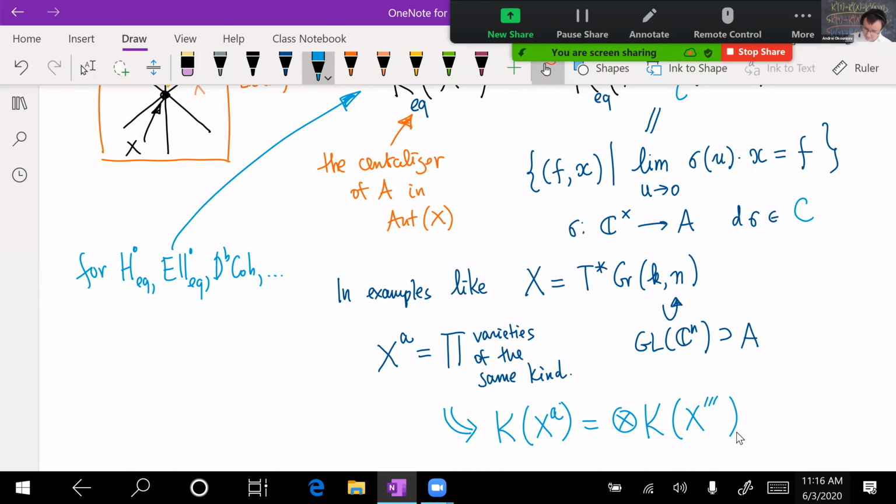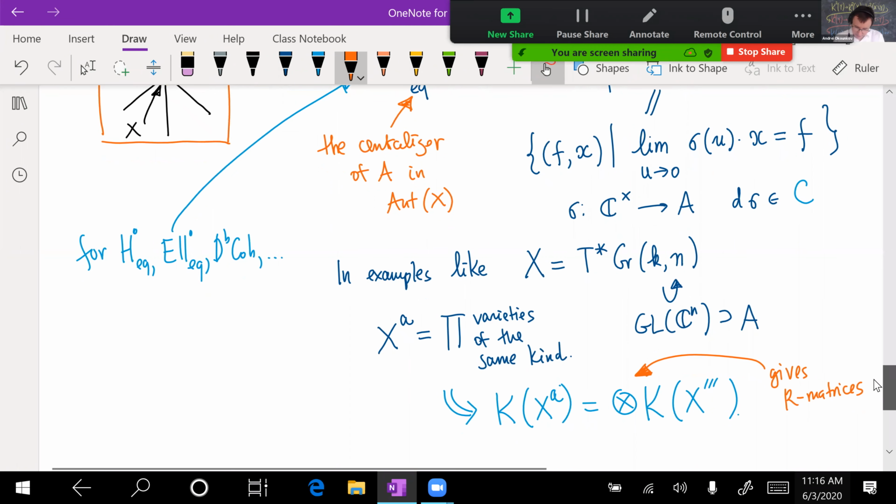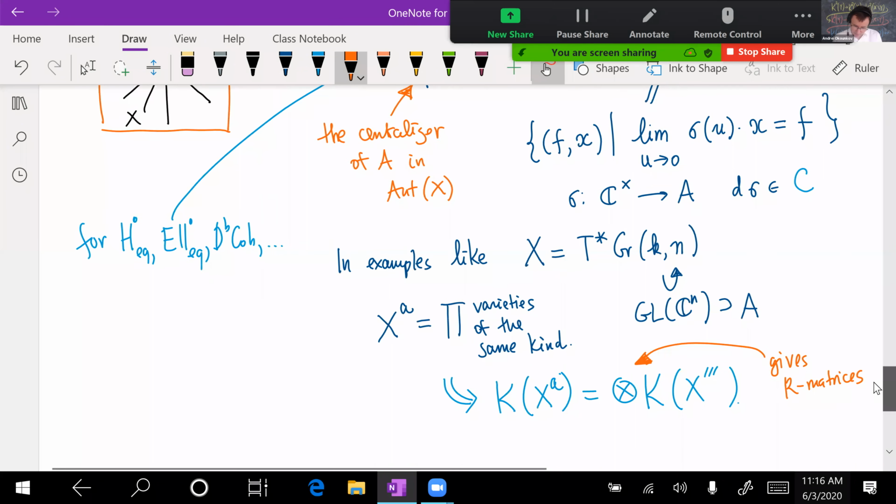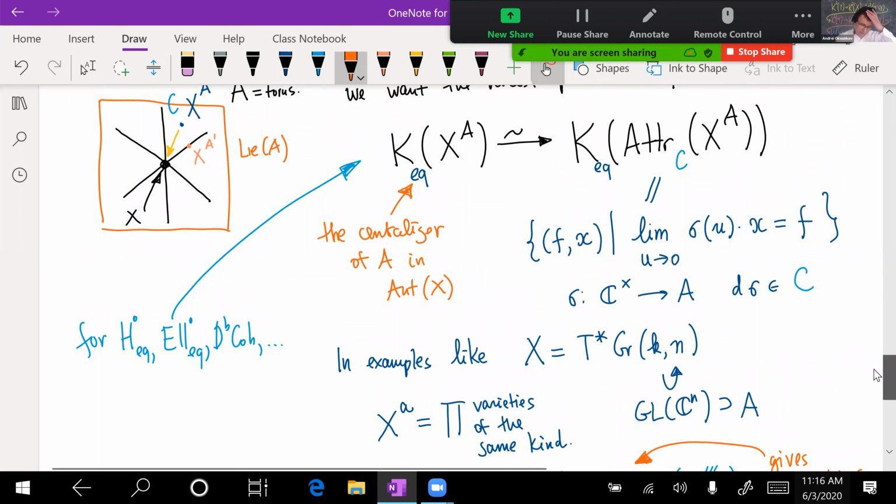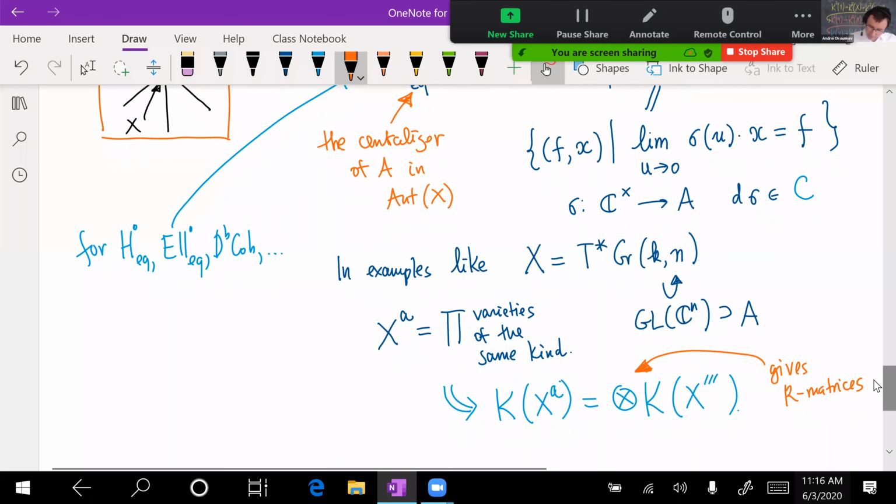And so this tensor product gives us R matrices. But in general, there's still a structure, but it's just not a structure of a quantum group. It's a structure of some more general algebraic structure.